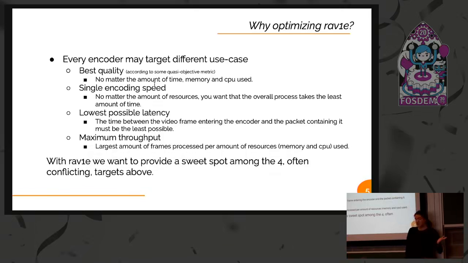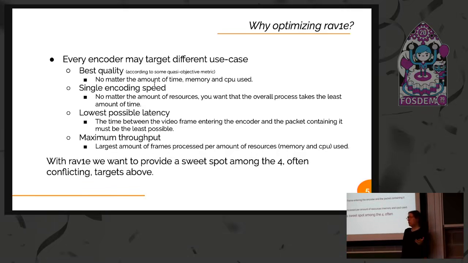You care about the single encoding speed, some kind of track racing. Okay, I have a single video and I want it encoded immediately or as fast as possible. I don't care about the rest. Track racing is not as useful, in my opinion, but it's a good benchmark, so to speak.